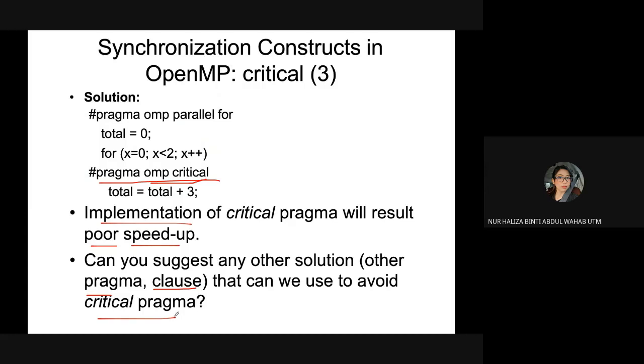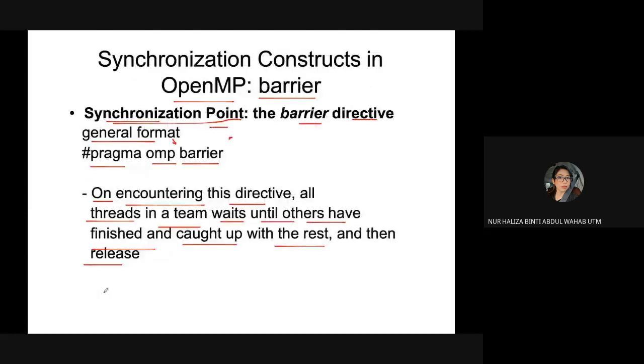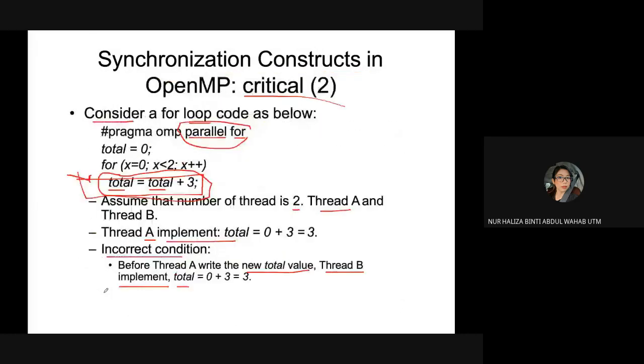If you have a critical scenario happen, are you going to use only pragma and clauses, or maybe you can also use other kinds of solutions instead of just using a critical pragma? That is under single, master and critical.